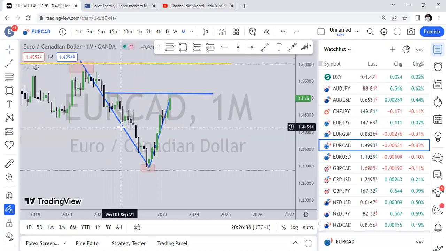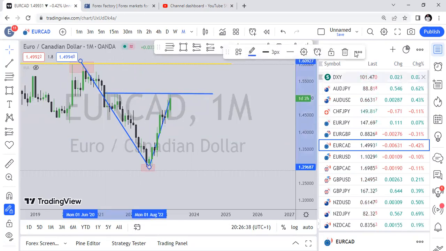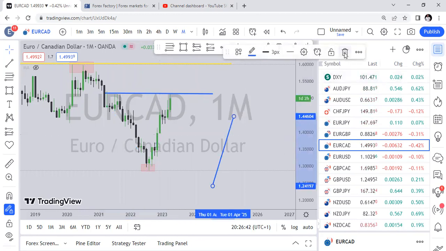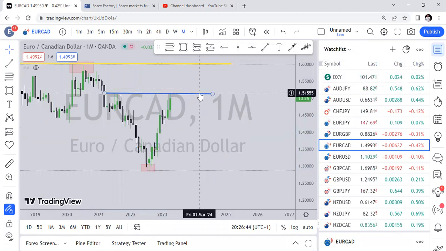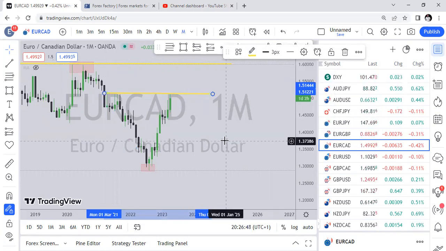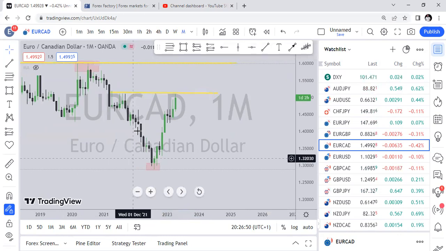So we are viewing the market from the higher time frame to the lower time frame, so that we can frame an idea. We can understand why the market is doing what it is doing.